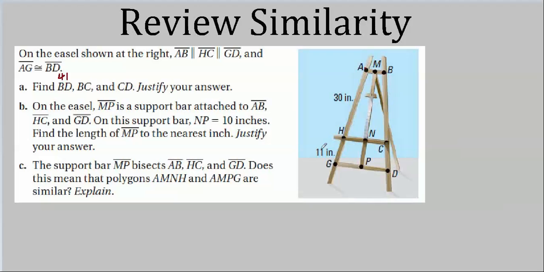The problem is, this whole thing here is 41, just like this one. Well, if our ratio of CD over 41 is going to be the same as 11 over 41, CD is going to have to be 11.